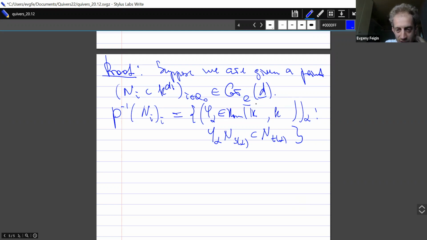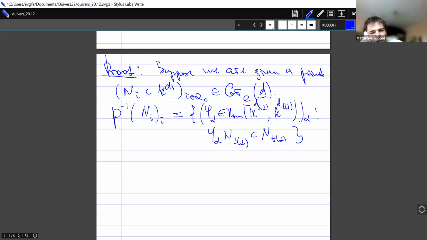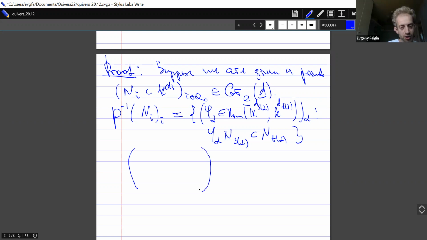So here it should be D_{s(alpha)} and D_{t(alpha)}. So these phi_alpha are maps from a D-dimensional space to another D-dimensional space, and then with this extra condition. How to describe it? It's like block triangular matrices. Can you elaborate on this? What are the blocks, and how to draw them? Okay, the upper left is a map from N_{s(alpha)} to N_{t(alpha)}.